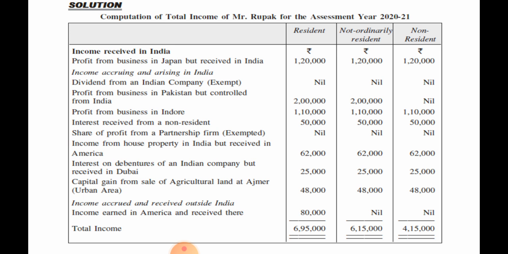As the interest is received from a non-resident, but this loan was for the business which is in India, it is taxable for all the three residents. This is why the amount 50,000 is written in case of all the three assessees.